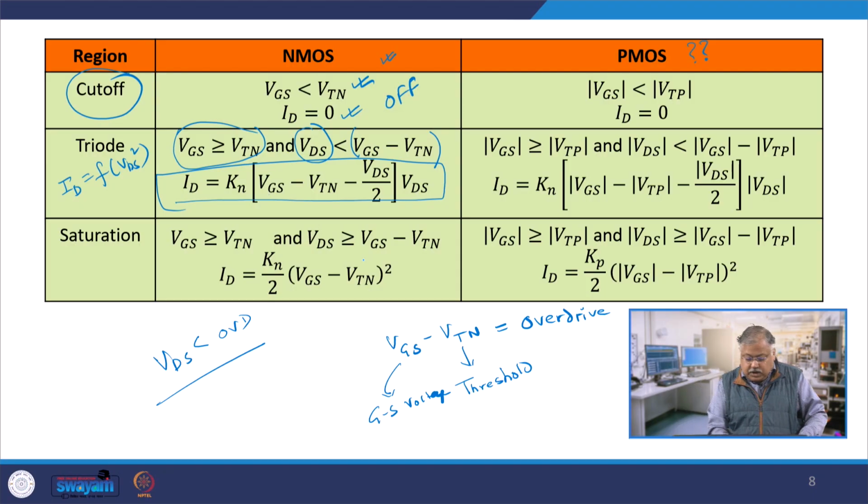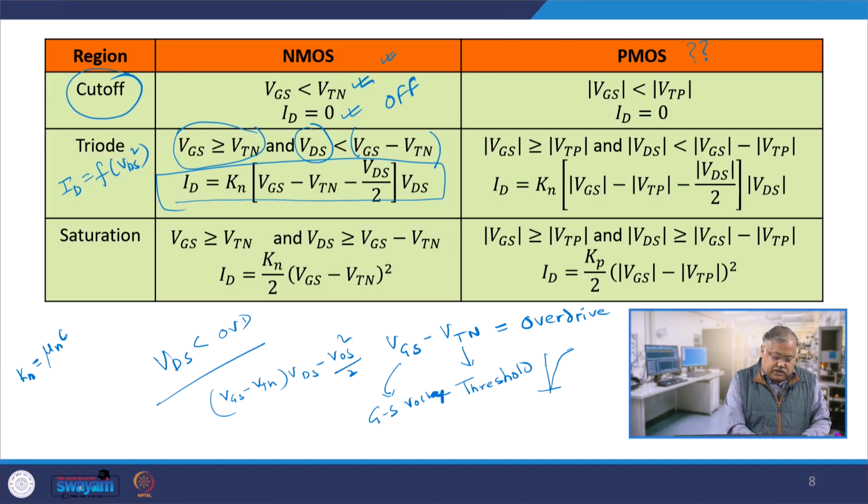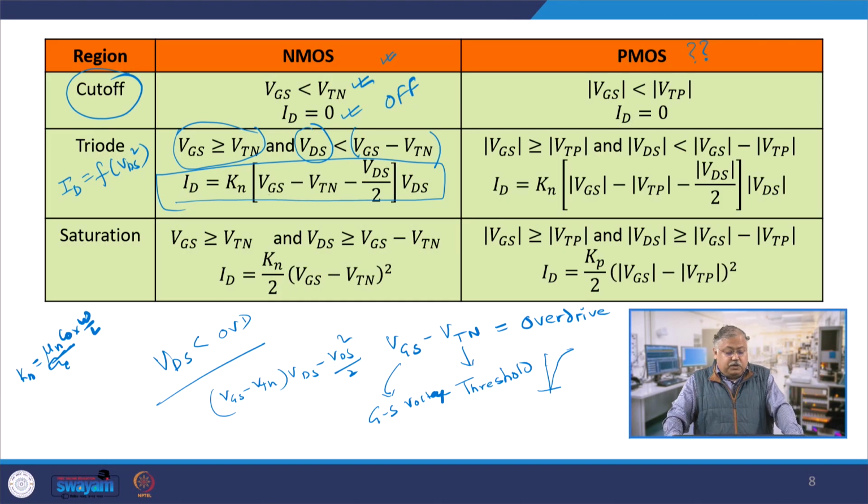You can write it down here as VGS minus VTN into VDS minus VDS square by 2, and that's the reason you will see a linear region and then a non-linear region come into the picture. We will discuss that later on. Correct? What is Kn? Kn is mu n C oxide W by L. Mu n is the mobility of the charge carriers, C ox is the oxide capacitance per unit area, and W by L is the aspect ratio.